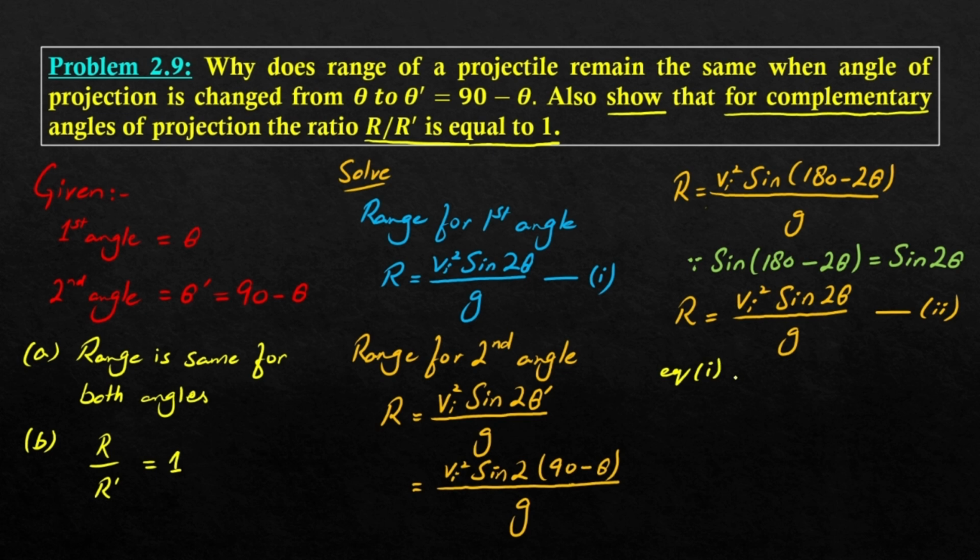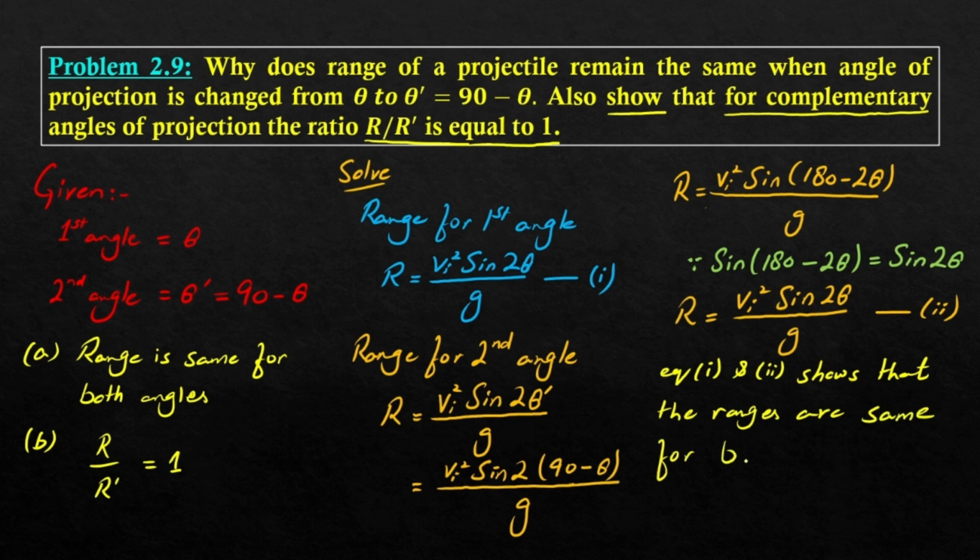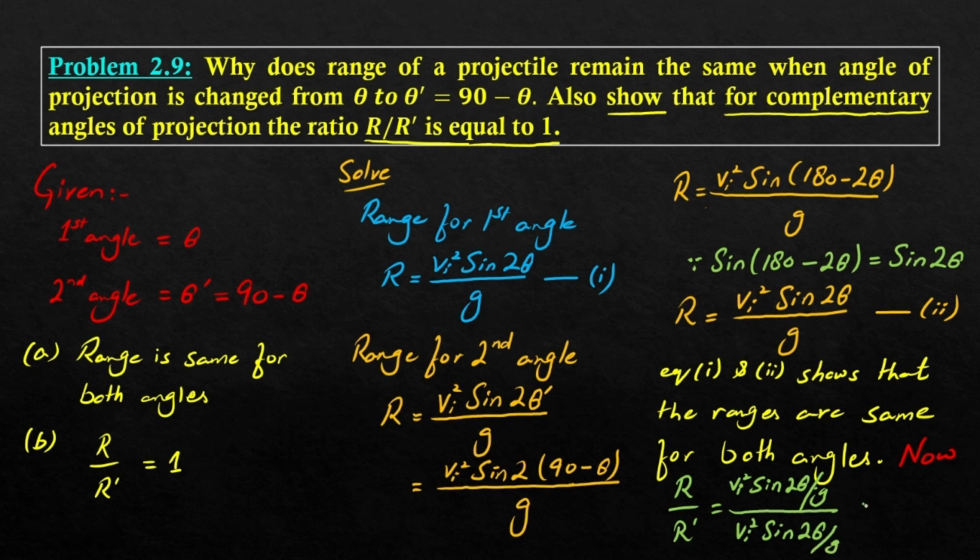From equations 1 and 2, it is clear that the range of the projectile is the same for both angles. Now we find the ratio R over R prime by putting the values of R and R prime in this formula. We get similar terms in numerator and denominator, which cancel, and the ratio equals 1.